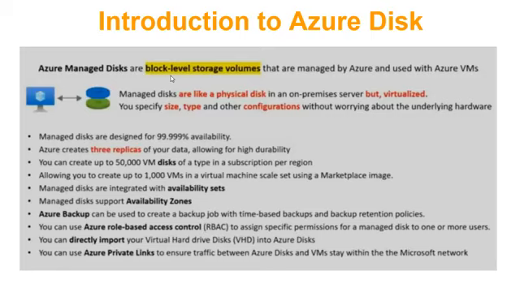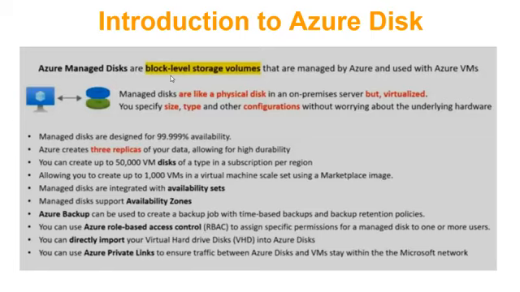Then you can create up to 50,000 VM disks of a type in a subscription per region. You can have a subscription, and you can add any region to your subscription, and you can create any services in different regions in a single subscription. So per region you can use 50,000 VM disks of a type.